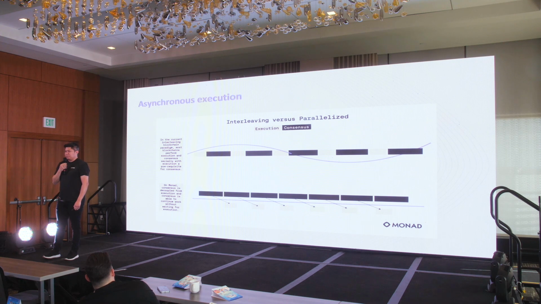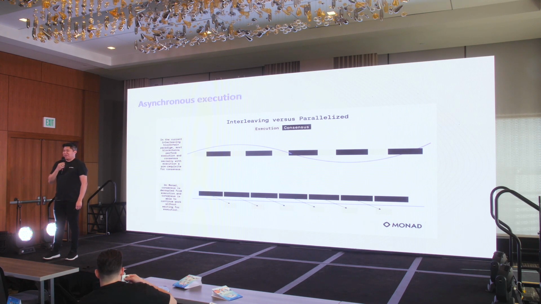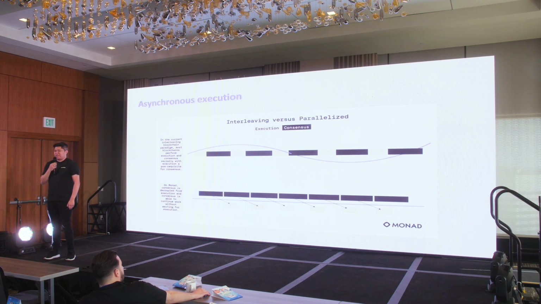Just to illustrate this visually, we have consensus, which is the black boxes here, and we have the execution components, which are the small pearl components here. Conceptually, consensus is taking up most of the block time, so it leaves a very small amount of time for execution.